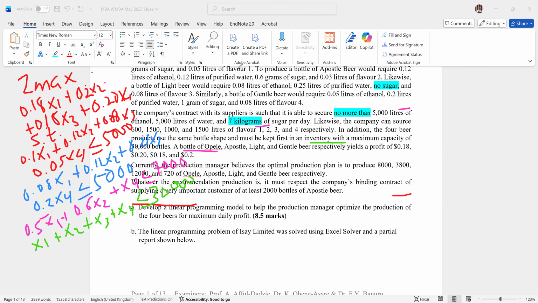So now after this, we can go to our flavor constraints. So let's deal with the first one. Who can tell us the first flavor constraint? Flavor 1. Water.